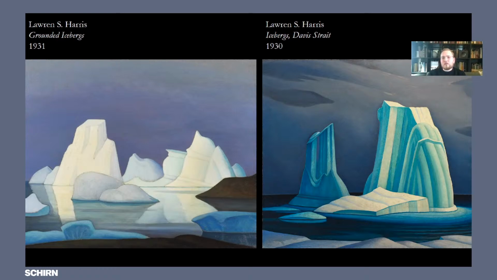So these paintings are very often seen, because they are aesthetically beautiful, as being apolitical or not remotely connected to being political, especially images like icebergs, because no one lives on them.